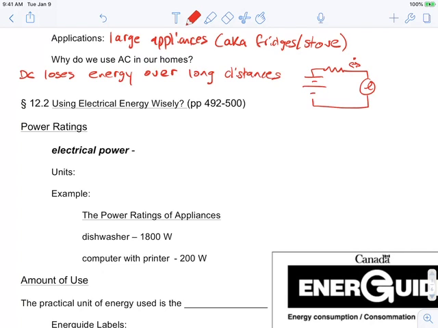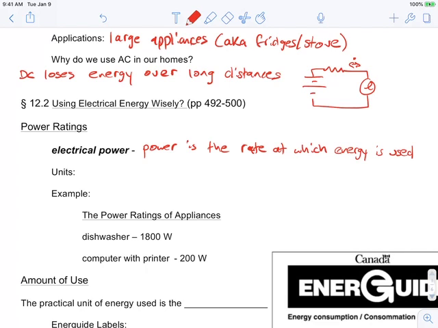12.2 is all about power, and here we're going to be using a lot of formulas to help us out. So 12.2, we're going to start with electrical power. Power is the rate at which energy is used.